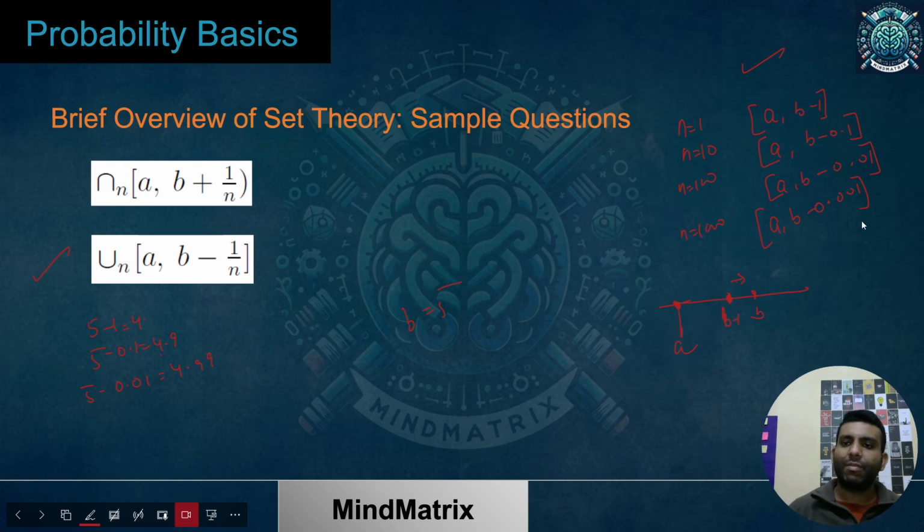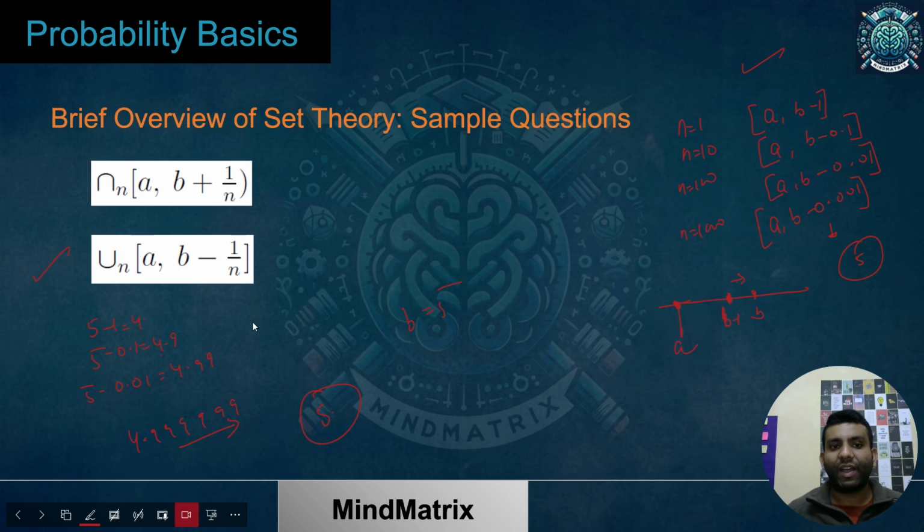But will I be able to reach a point which is like 5 itself? I will be definitely reaching 4.9999, maybe infinite times of 9, because n is going till infinity. So maybe 9 can be repeated infinite times. But will I ever be reaching 5?